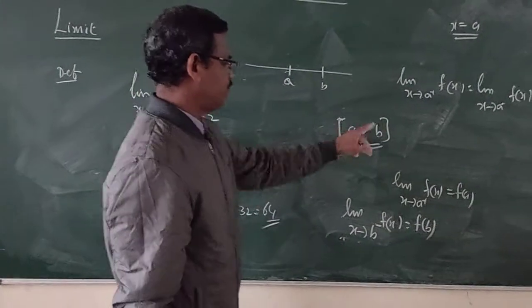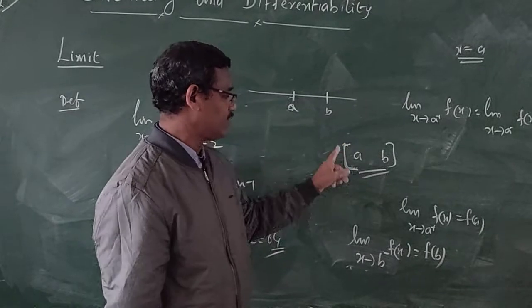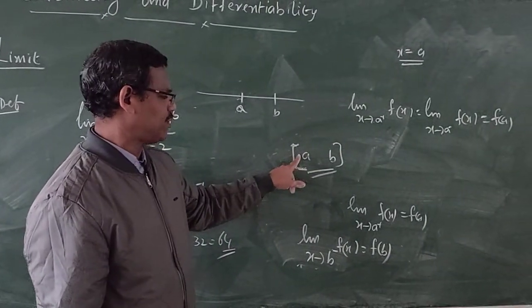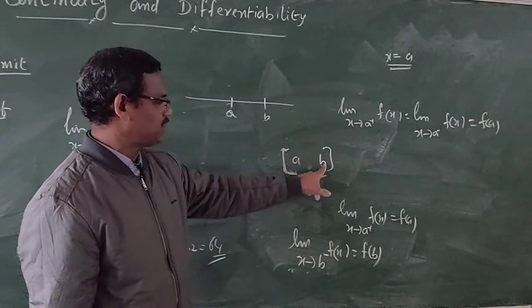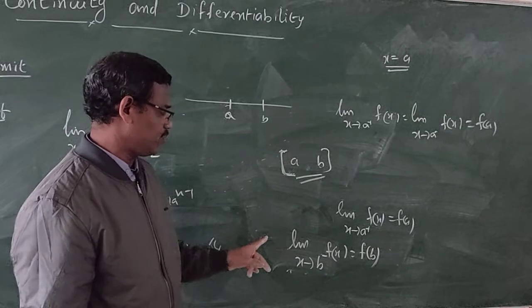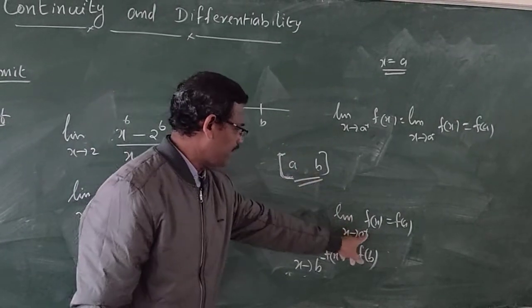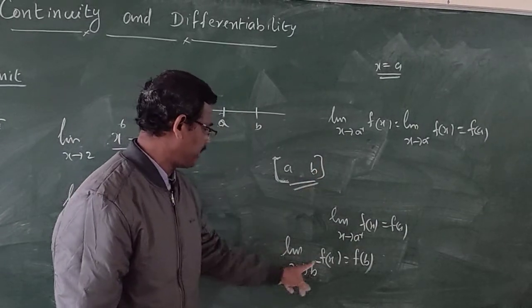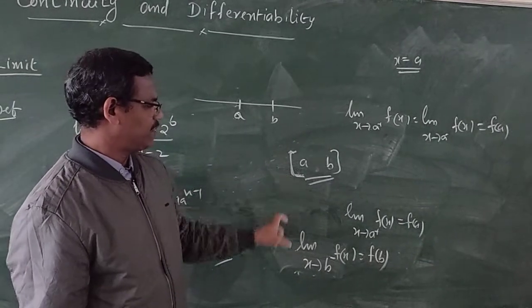So if you want to check the continuity of a function in the entire closed interval, a minus does not come in the interval, so that need not be counted. And b plus also does not come in the interval, so we need not check that. So all the points here with a plus equal to f of a, and all the points here with the b minus f(x).